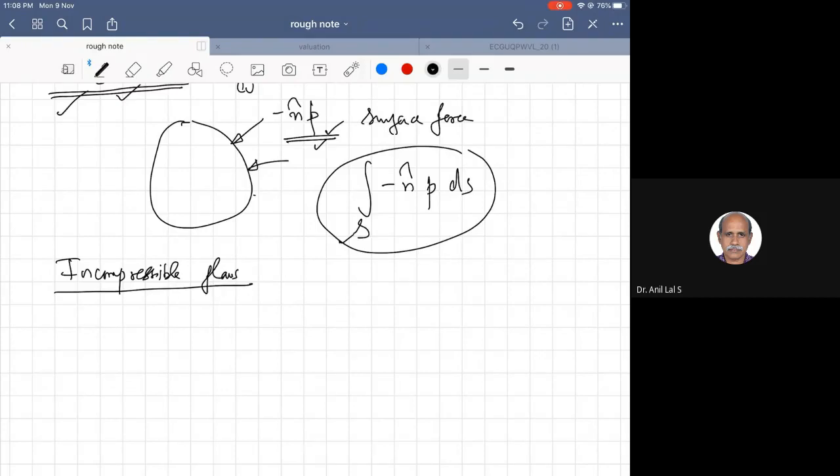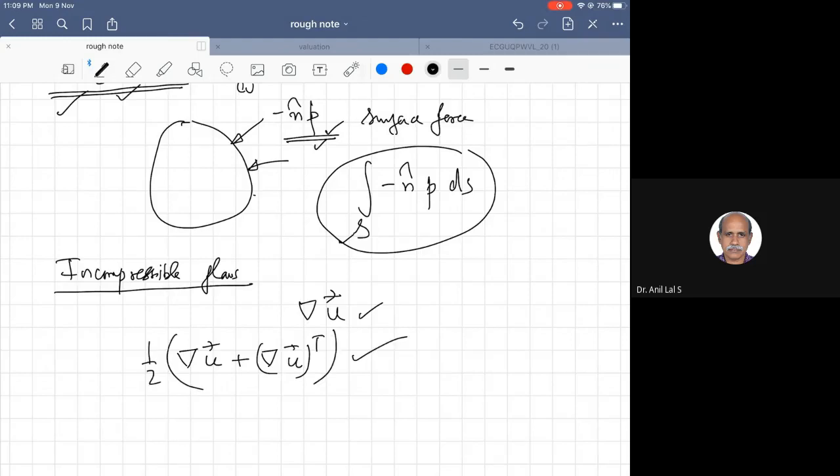The gradient of velocity is ∇u. Through physical interpretation, we can see that half of ∇u plus ∇u transpose, which is the symmetric part of the ∇u tensor, gives the strain rate ε.